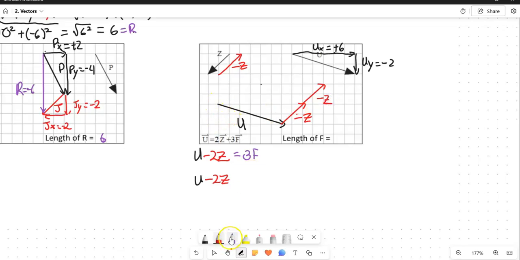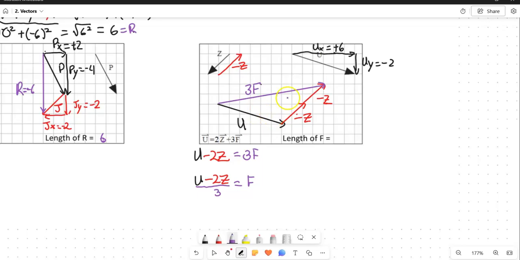So, in other words, the 3f vector is pointing up and to the right. Okay? So, this is the 3f vector. That is this.